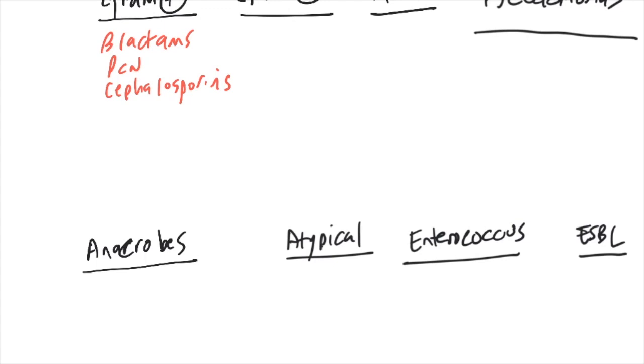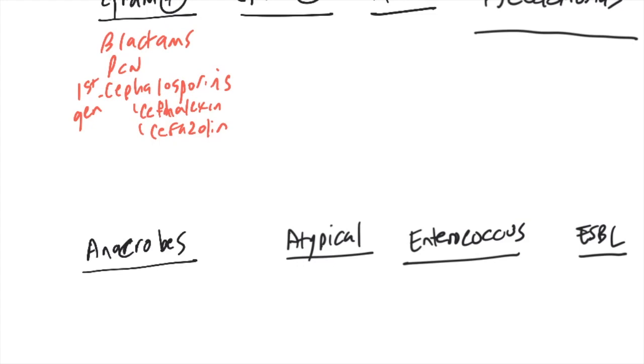So the best cephalosporins for gram-positive coverage are first generation cephalosporins. The examples of these drugs are cephalexin. If it's IV, it's cefazolin. As you go from first generation cephalosporins to fourth generation cephalosporins, you start off with great gram-positive coverage, and then you start to lose it, and then you start to gain gram-negative coverage as you move towards fourth generation cephalosporins.